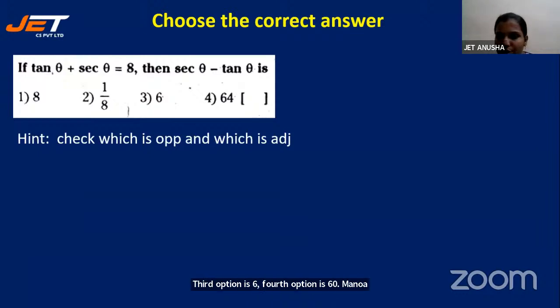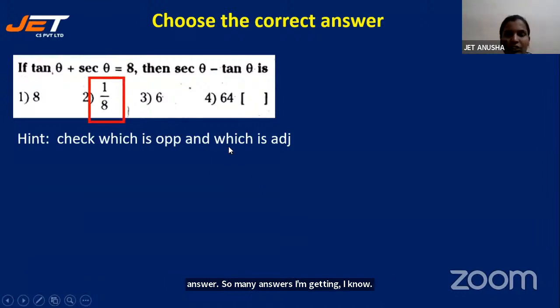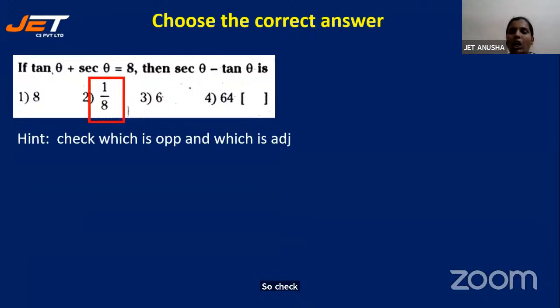Manohar 2, Shravanya 2, Avinash 2, Sunny 2, Harshita 2, Murali 2, Harsha 4, Vishwanath 2. So let's see what is the correct answer. So many answers I'm getting. Check which is opposite and which is adjacent, that is the hint. So the answer is 1 by 8. Almost everyone gave me the correct answer.